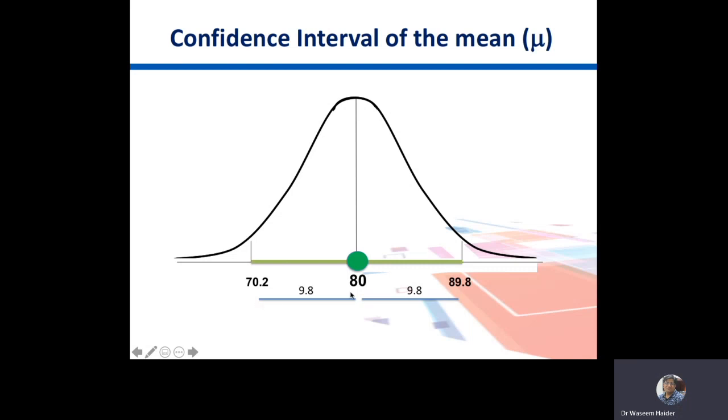The total width of this confidence interval is 9.8 plus 9.8, which is equal to 19.6. So we can say width is equal to 2 times the margin of error. This 9.8 was the margin of error. So width is equal to 2E. We'll need that when we do the next topic, sample size estimation.